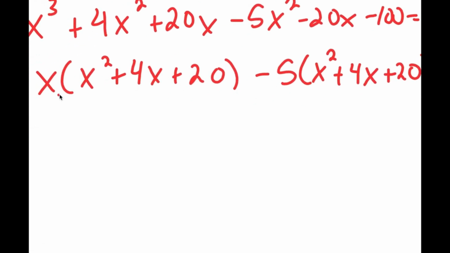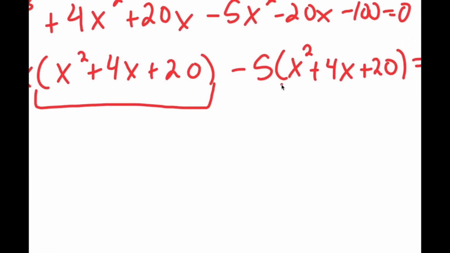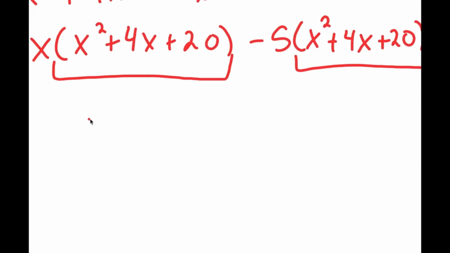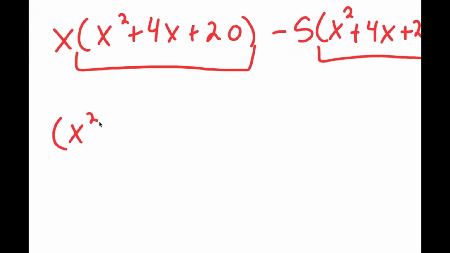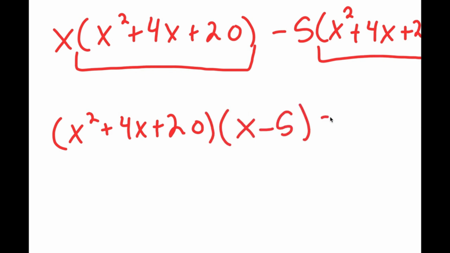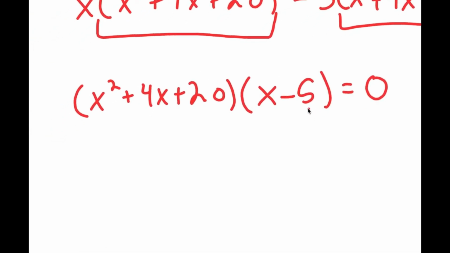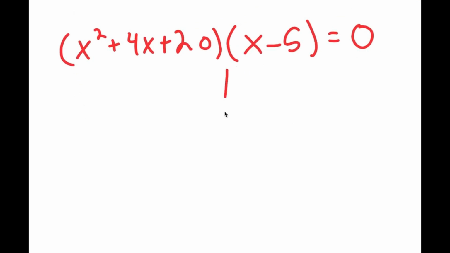And now notice how both of these terms have x squared plus 4x plus 20 in them. So now from here, if I factor out x squared plus 4x plus 20, I get x squared plus 4x plus 20 times x minus 5 is equal to 0. And this gives me two equations.